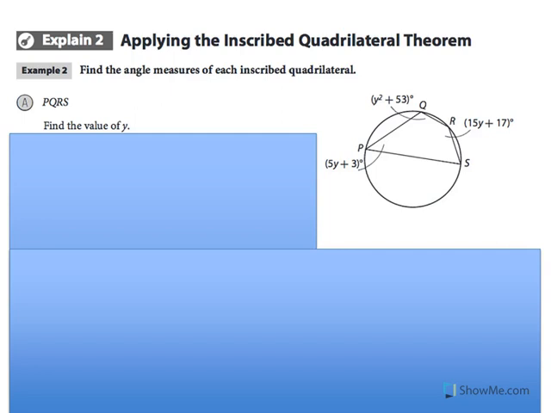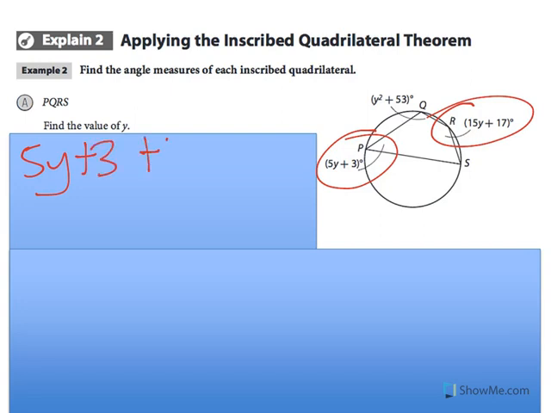Okay, so let's use what we know. Find the angle measure for each inscribed quadrilateral. Here we're given a quadrilateral PQRS, solve for y. We know that these two angles sum to 180. So 5y plus 3 plus 15y plus 17 is equal to 180 degrees.